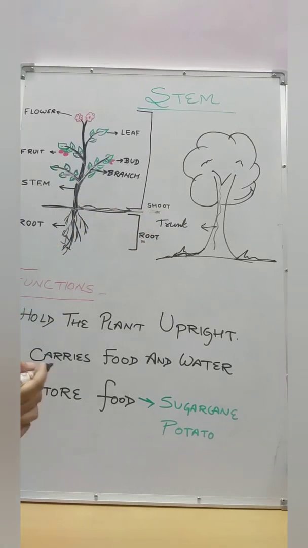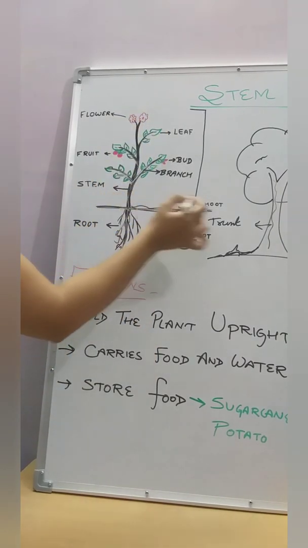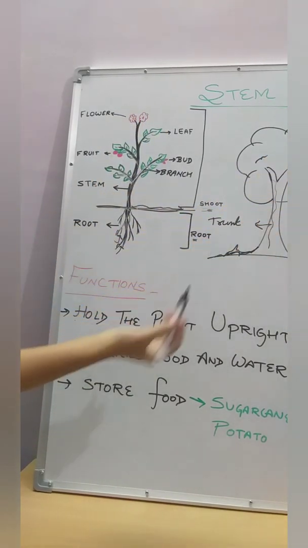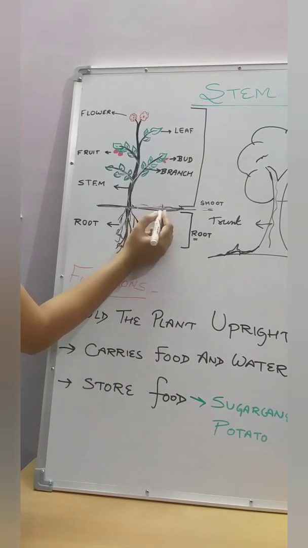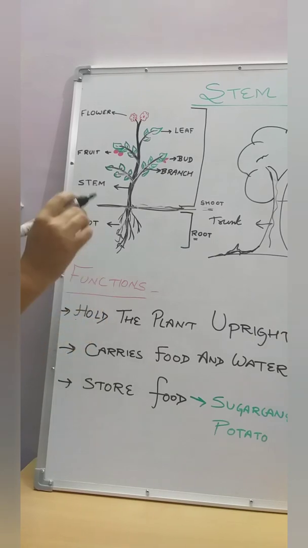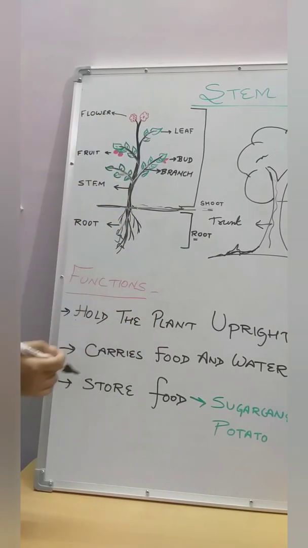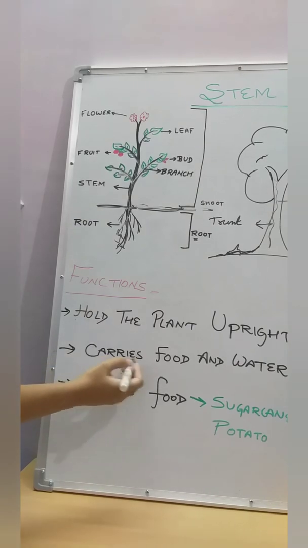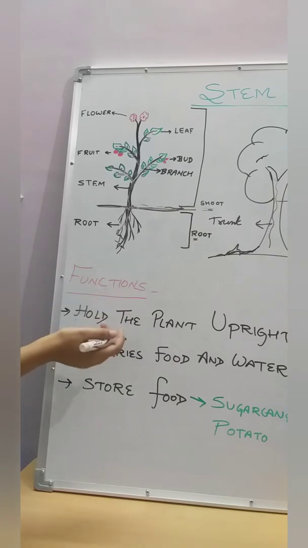So let's see some functions of the stem. The most important function is it holds the plant upright. Without the stem, the plant is not able to stand upright. Like in the case of climbers, which have a very weak stem, the plants are not able to stand upright. Other functions are it carries food and water to different parts of the plant.